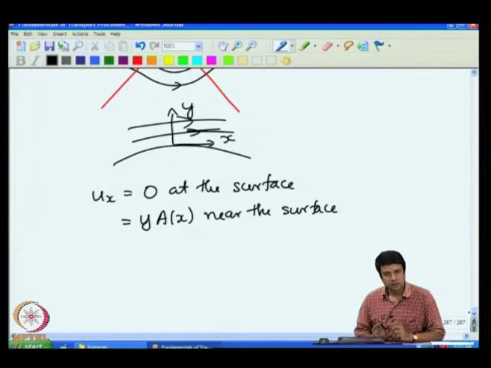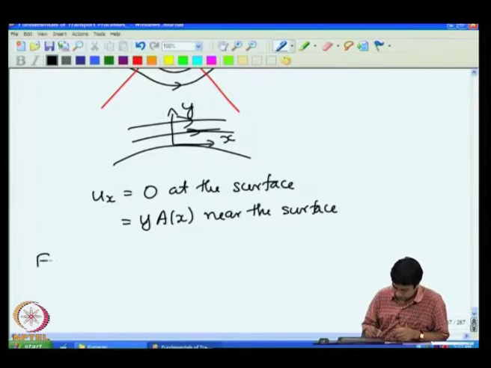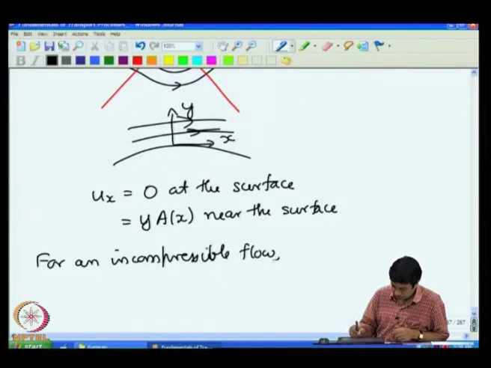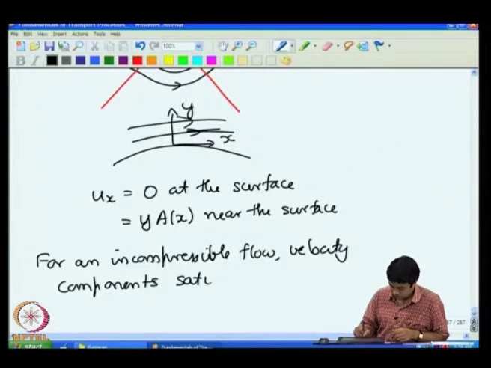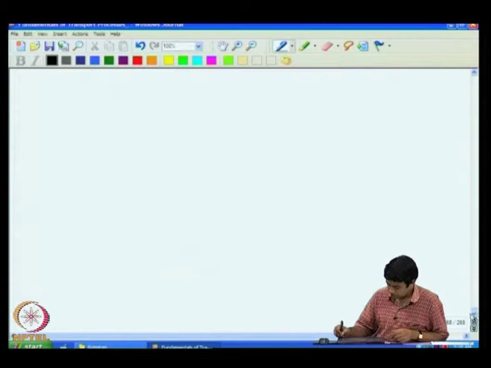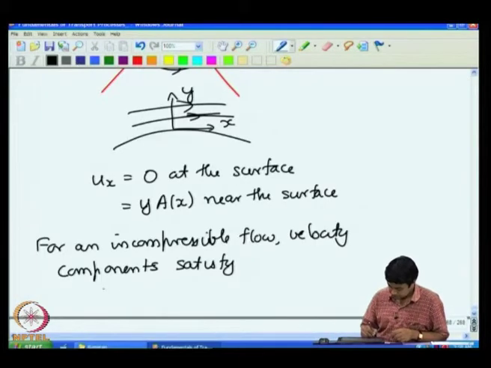Now, for an incompressible flow, the velocity components satisfy the equation of the form dux by dx plus duy by dy is equal to 0.